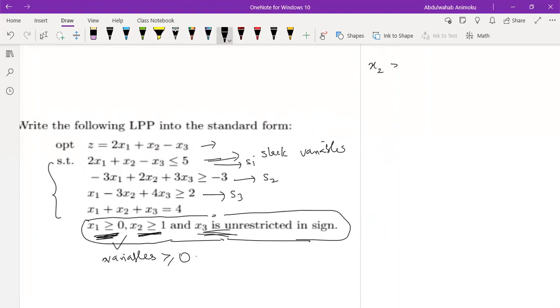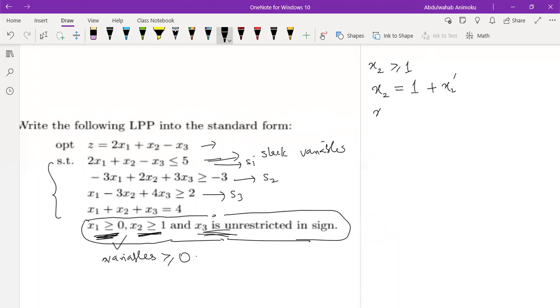Now let's look at X2. We have this condition for X2. We need to introduce another variable to help us write X2 in a way that would befit this greater than or equal to 0. Let's see what we can do. Basically we can write X2 as 1 plus another variable, let's call it X2 prime.